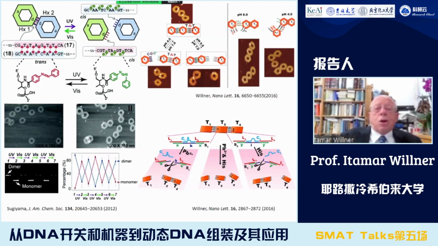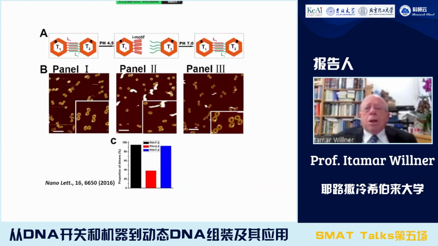When he isomerized the azobenzene from the trans state to the cis state, he reversibly separated these dimers to monomers. You can see here nicely the dimer structure and the monomer structures of the tile induced by light and the mechanical transitions of DNA objects.